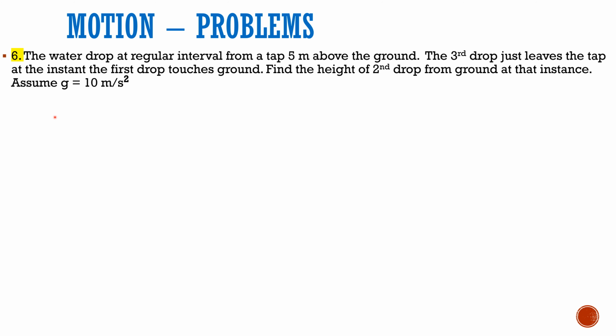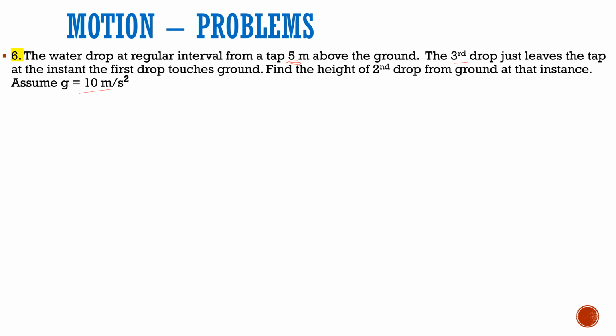And we need to assume that g equal to 10. Okay, so what are the things? The height H we know already, 5. First drop has already started and third drop is starting by the time the first drop reaches the ground. So first thing is, whenever a drop is coming out, the initial velocity will be 0.